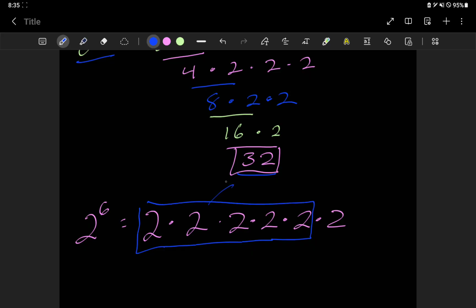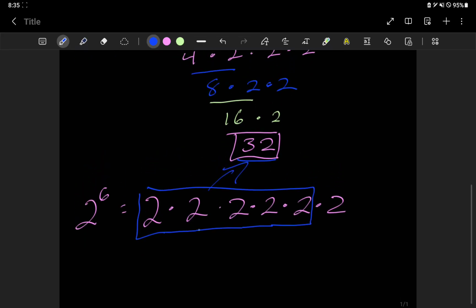So we know that that is 32. So we know it's 32 times 2. And so 32 times 2. 2 times 2 is 4. 2 times 3 is 6. And so it's 64. Okay.